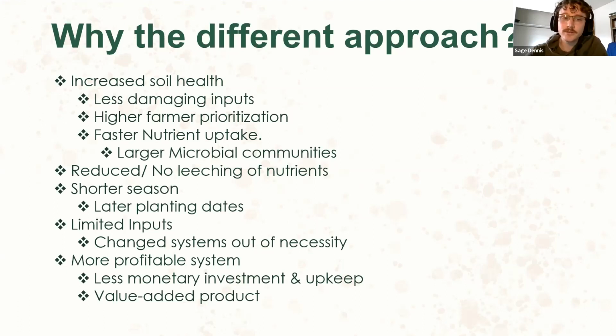We have reduced to no leaching of nutrients as well, depending on the source. We have to deal with a shorter growing season because we are more limited in what we're able to use. We cannot have a plant grow as quickly or as aggressively as a traditional farmer. So we have to wait until the natural conditions become more hospitable for the crop we are trying to grow. And we're doing all of this and not giving ourselves any credit for it.